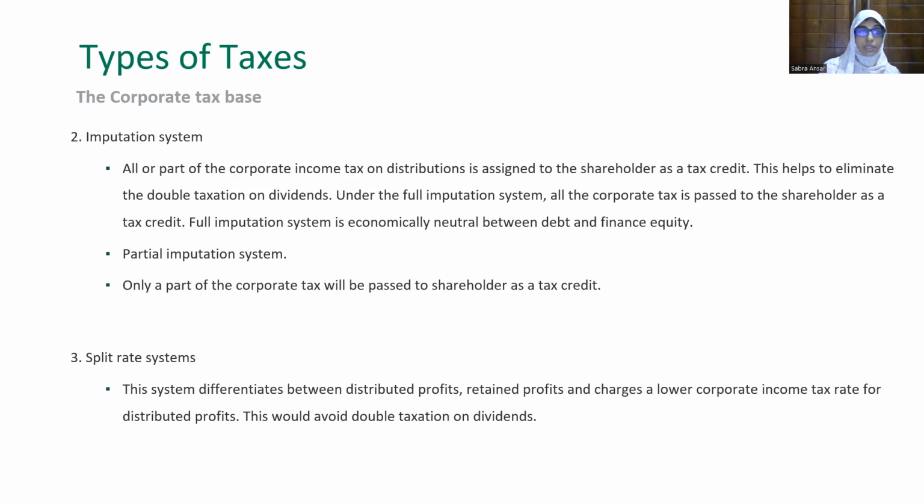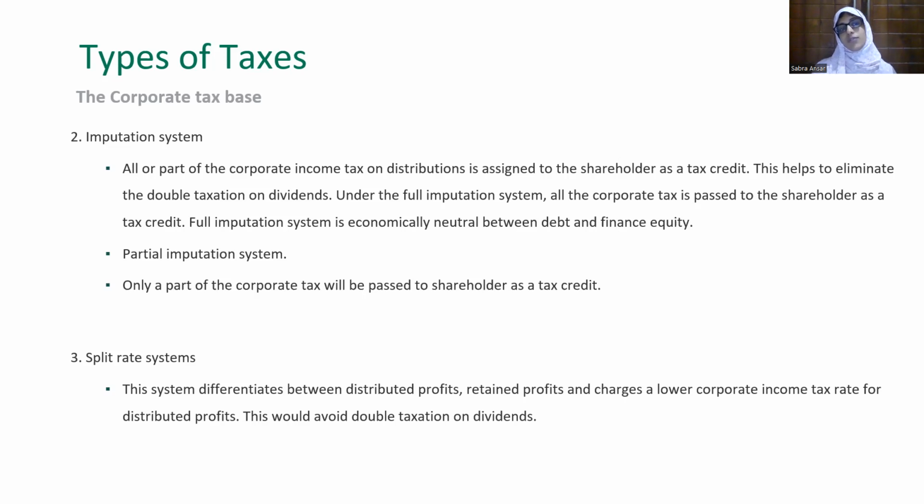Now, there's another method called the split rate system. This system differentiates between distributed profit and retained profit, and charges a lower corporate income tax for distributed profit, in order to avoid double taxation on the dividend.